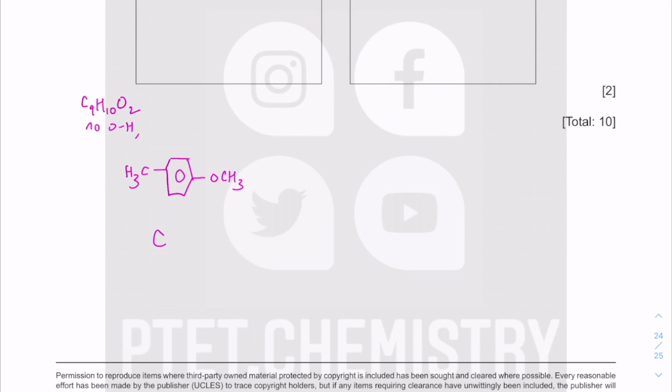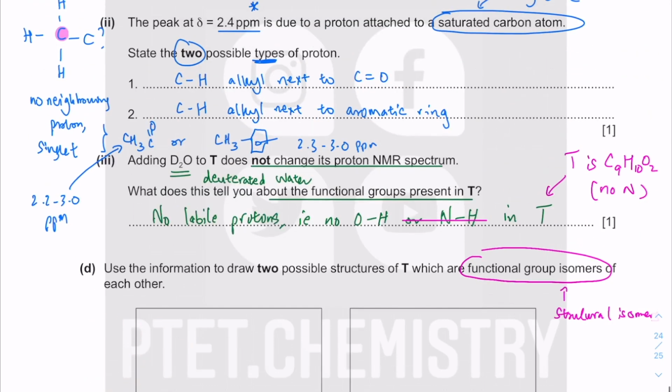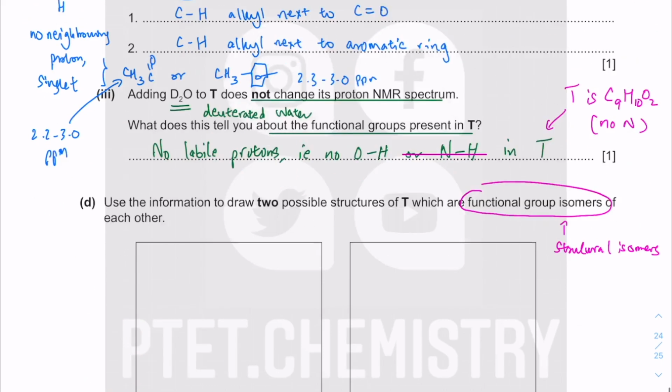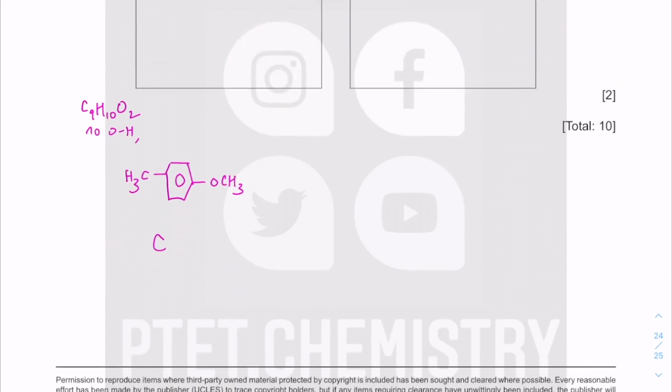C9H10O2. I don't want to add oxygen here because this is already fixed, and I have no OH, and I have 1 extra carbon. So here there's only 6, 7 and 8. If I have 1 extra carbon, it could be a CH2 or CH3. So 6 carbon, 7, 8, 9.